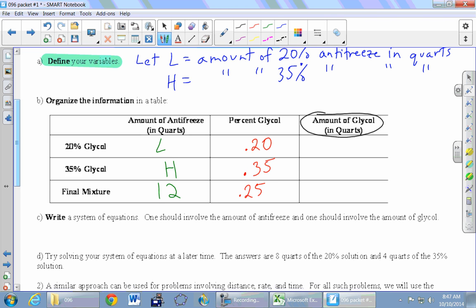If I want to know the amount of glycol, the amount of chemical, what do I do with the 12 and the 25%? We multiply them, right? How much glycol is in this 12-quart bottle? It's 25% of 12, which is just 3. Jasper?